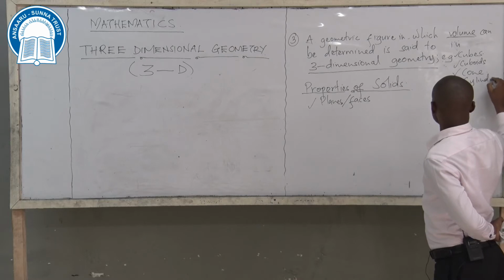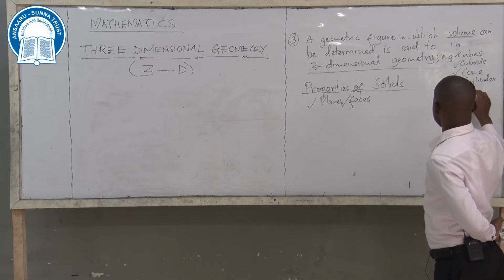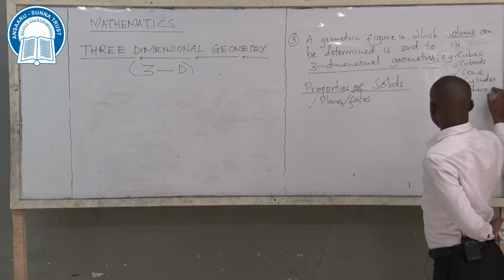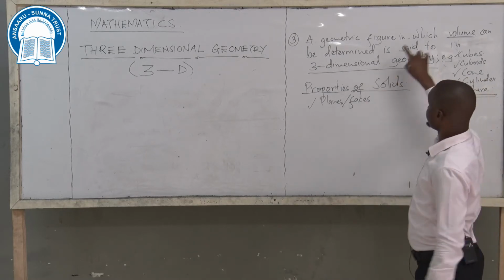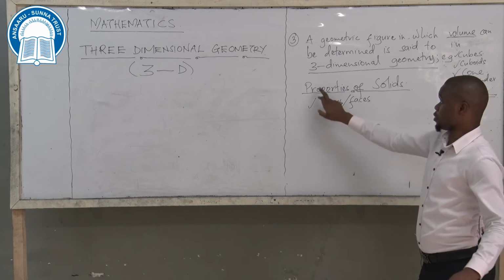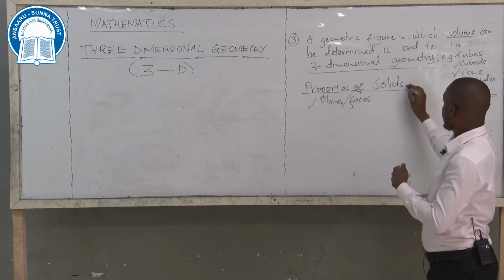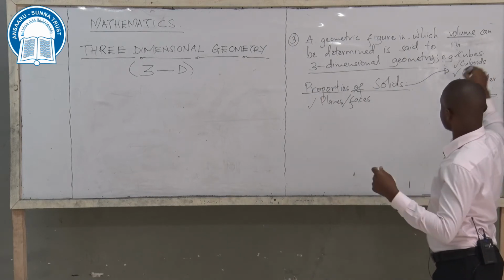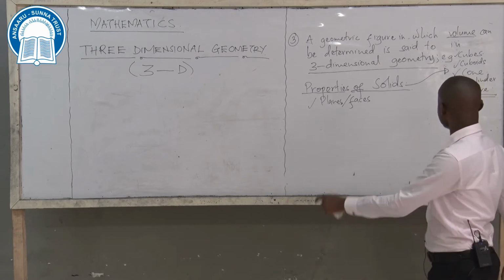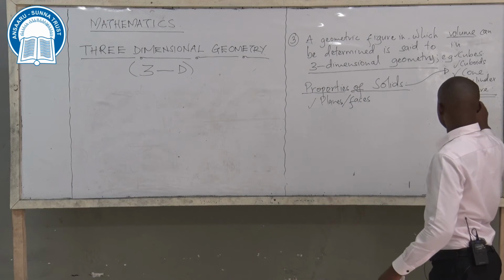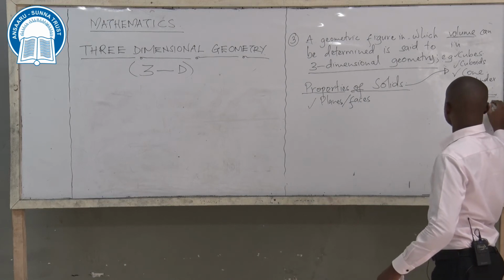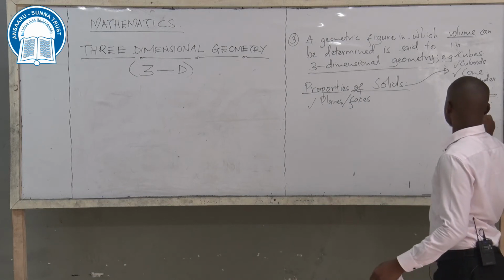All these are solids among others. We even have the sphere. All these are solids, geometric figures whose volume can be determined. So when I'm talking about properties of solids, the solids I'm referring to are cubes, cuboids, cones, cylinders, spheres, prisms, and there are so many we will discuss as we continue. Frustums.